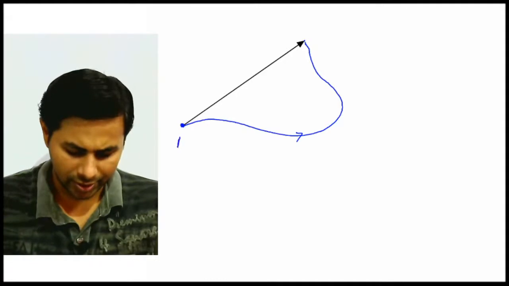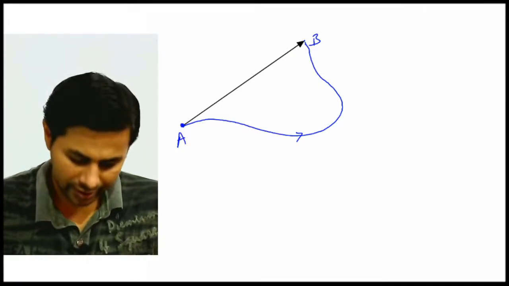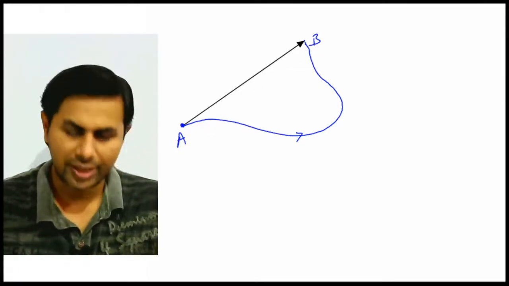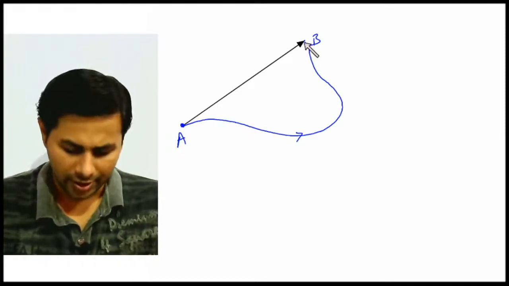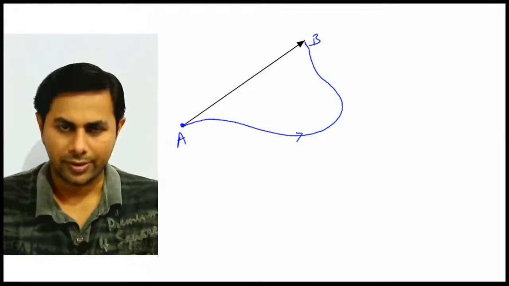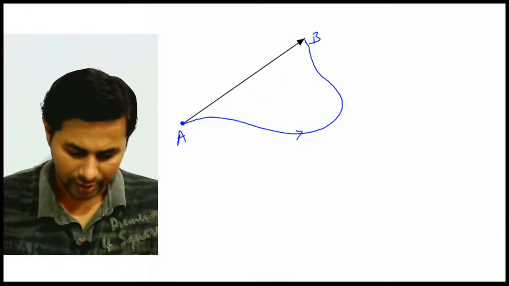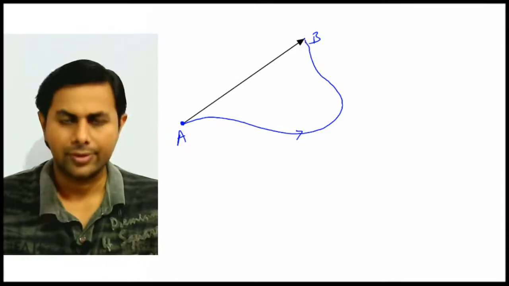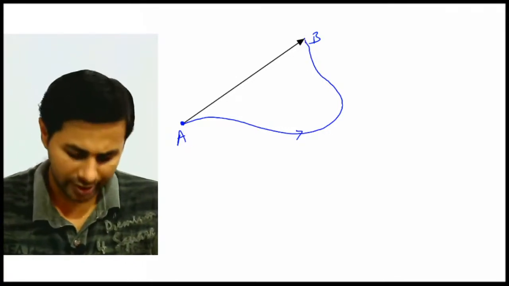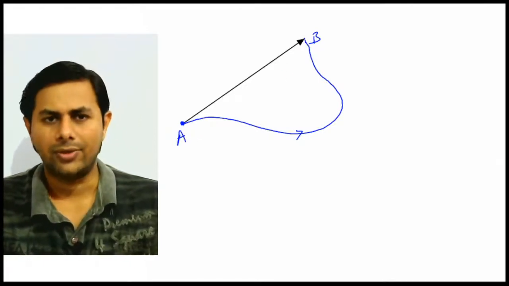So if object goes from point A to B along any path, then we can say that its displacement is this vector or this arrow drawn from its start point to the end point. So this is the displacement. Now the tip of this arrow tells us about the direction of displacement, and length of this arrow tells us about the magnitude of the displacement.